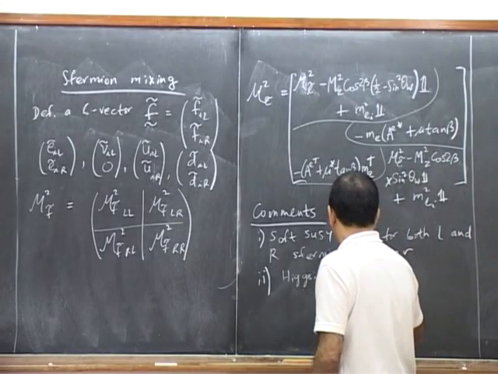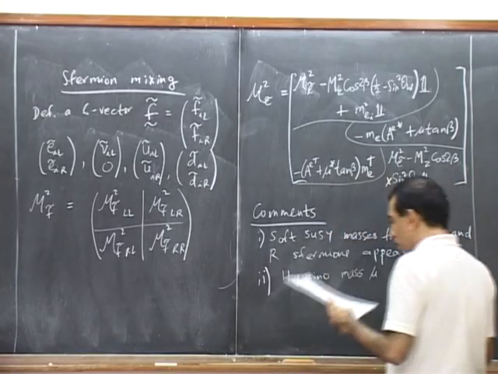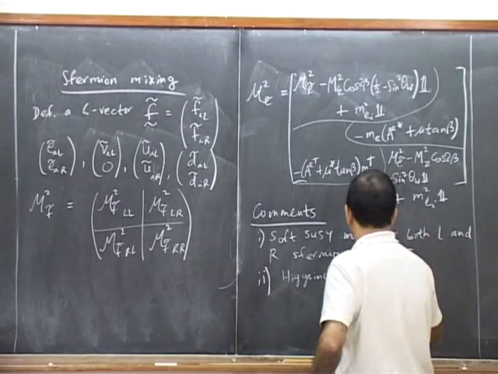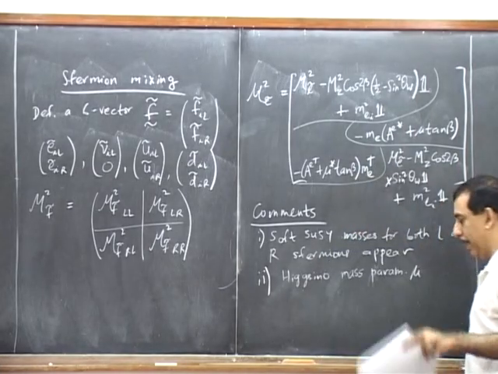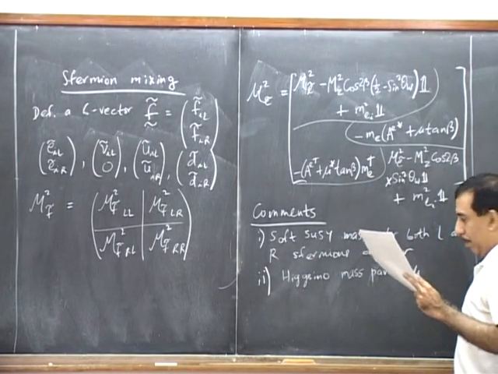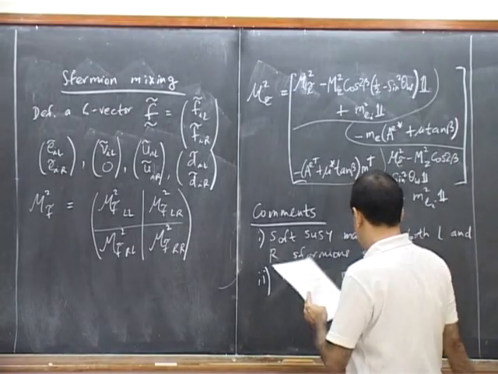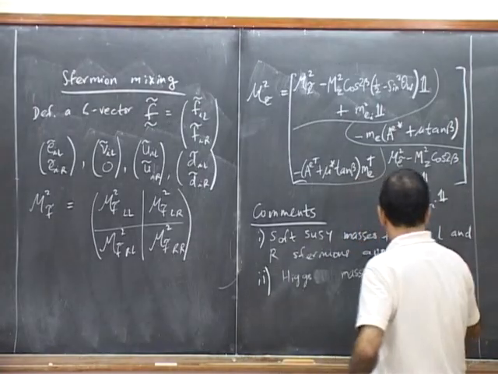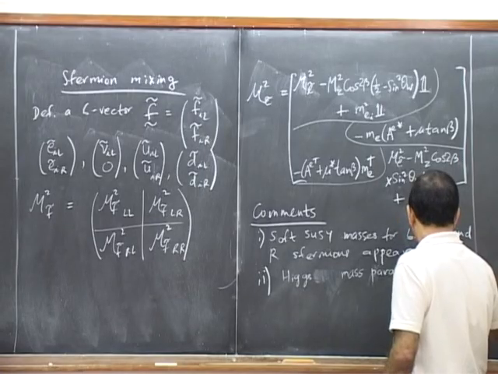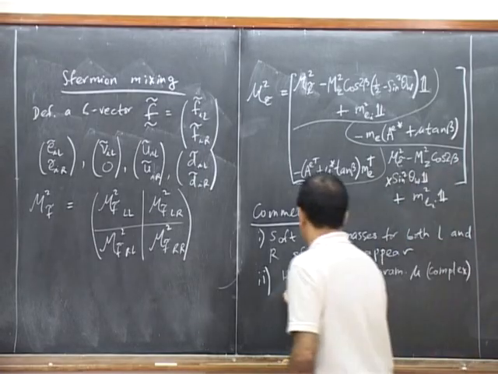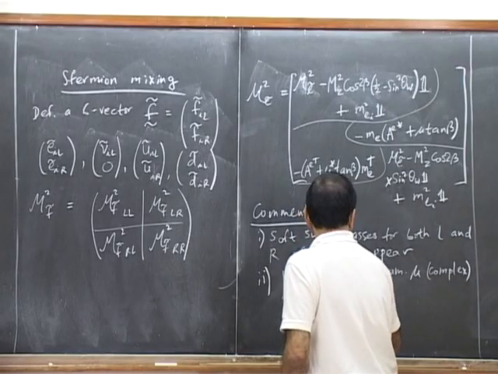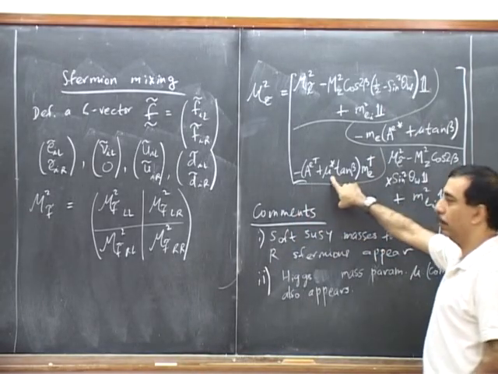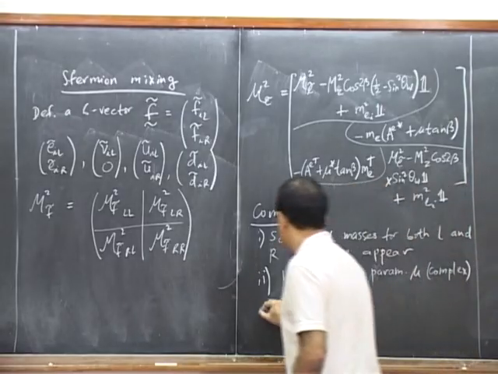So the Higgsino mass parameter is really mu. I mean, it's the Higgs mass parameter, there's also the Higgsino mass parameter. Mu, and it's complex, that's important, also appears here. But it appears only in the off-diagonal terms, the left-right mixing terms.